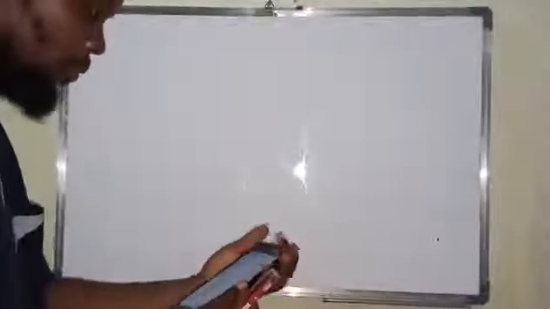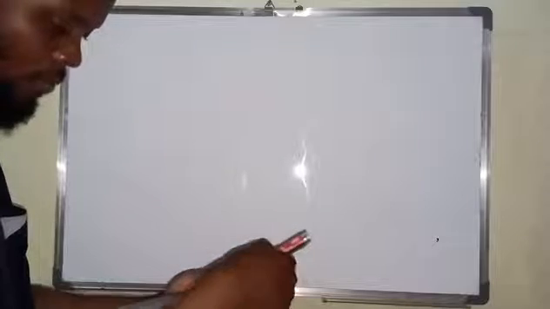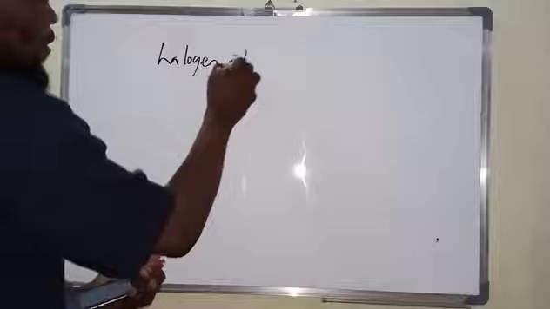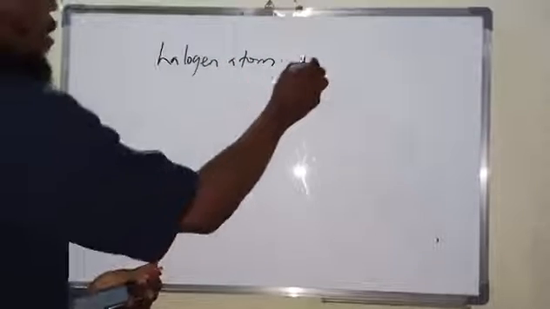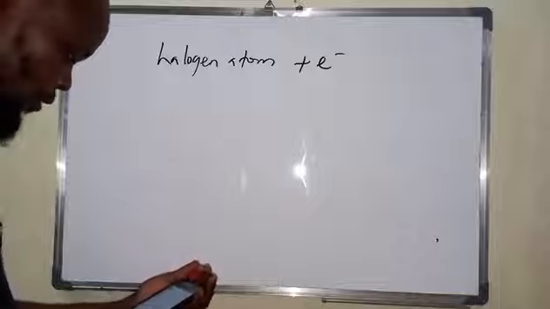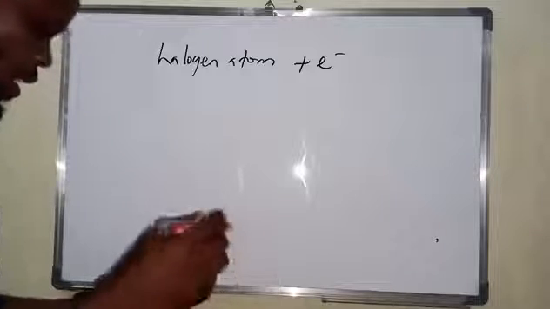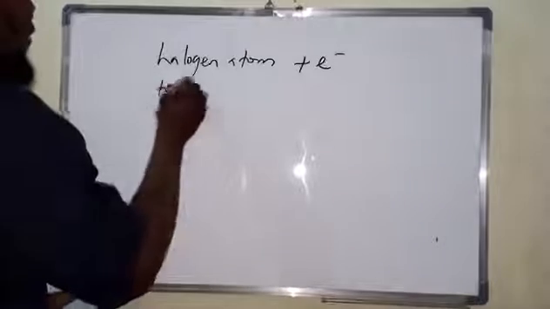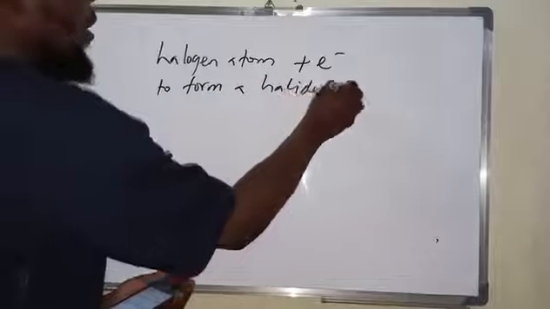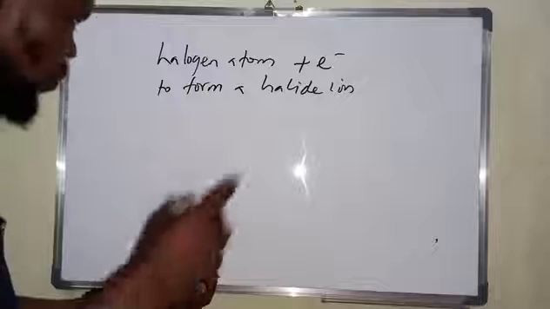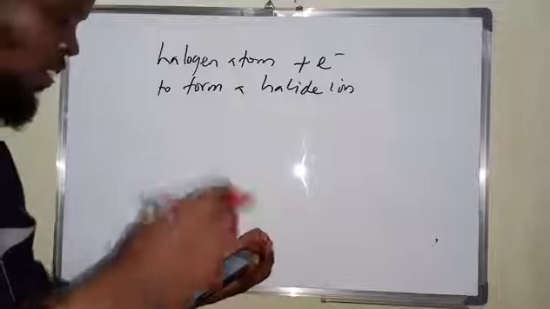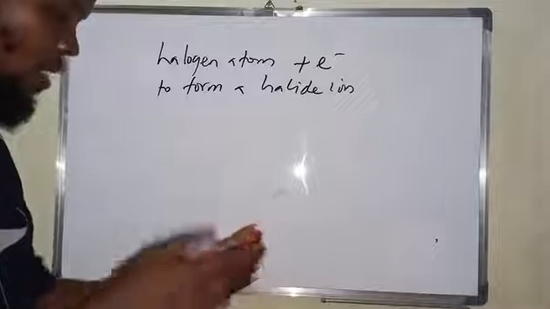An electron can be added to a halogen atom. Understand? To form a halide ion.